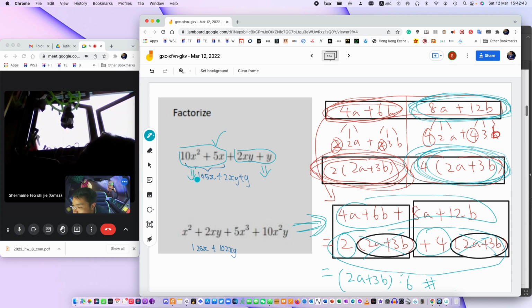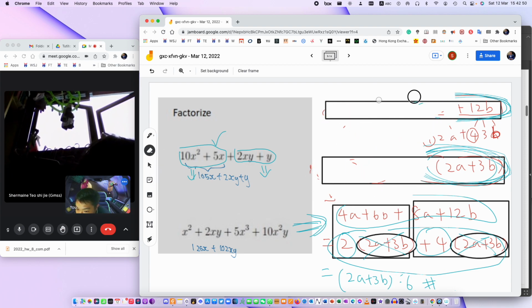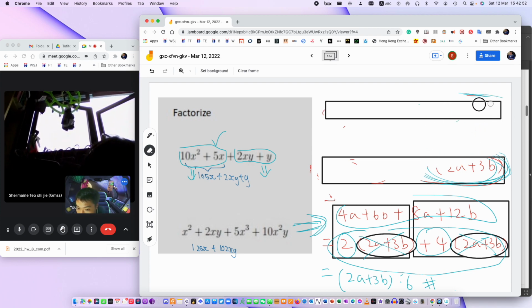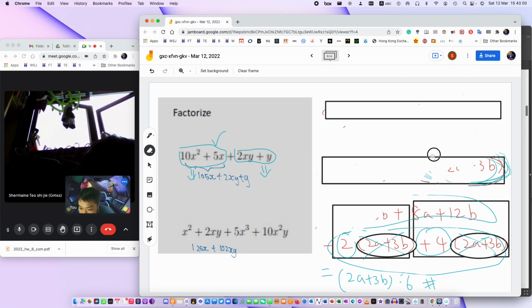Okay? So let me just demonstrate one question to you by erasing this. The key is to group them first, because now you have 4 terms. So you need to group them into 2 pairs.